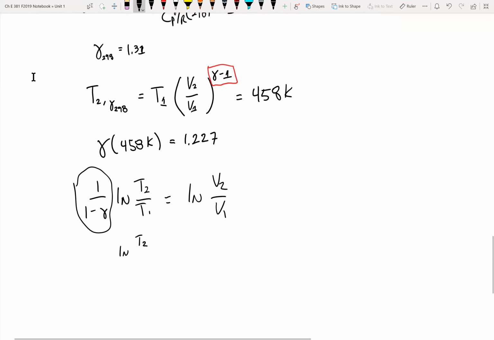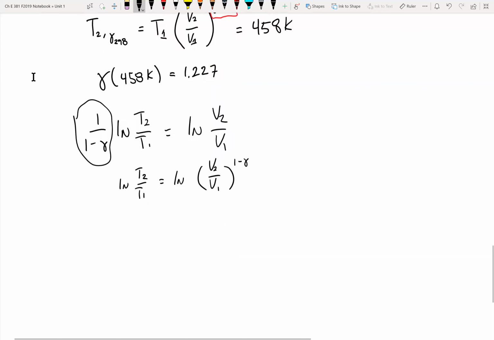So natural log T2 over T1 equals natural log, all right, you see that? So that's just multiplying both sides by 1 minus gamma, and then using logarithm manipulation rules to bring the 1 minus gamma factor up into the exponent.